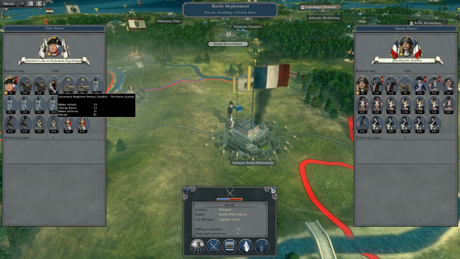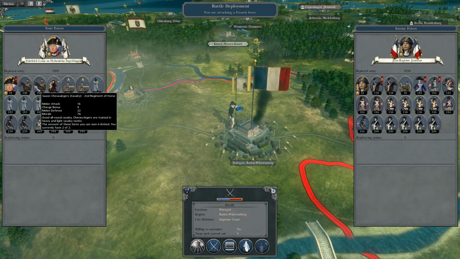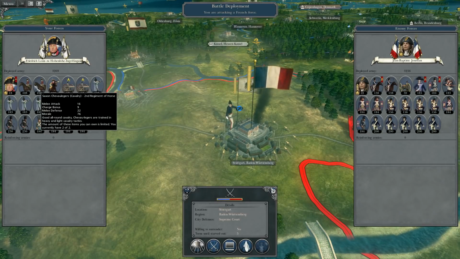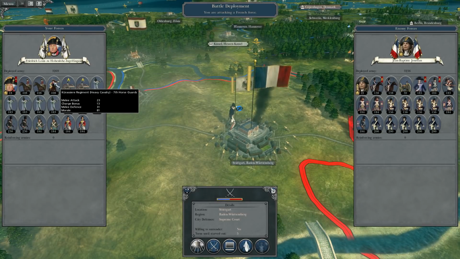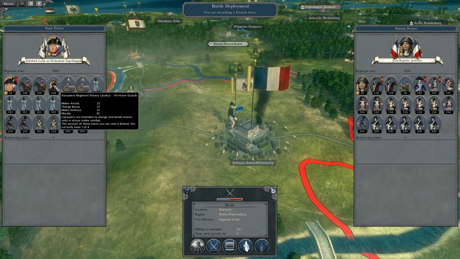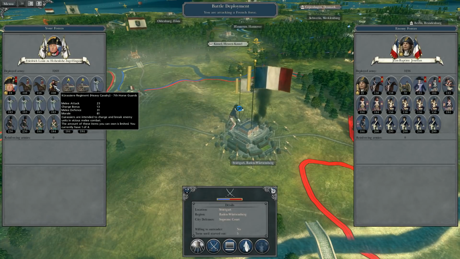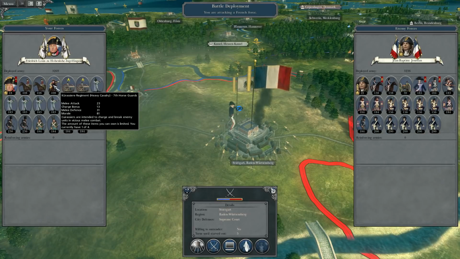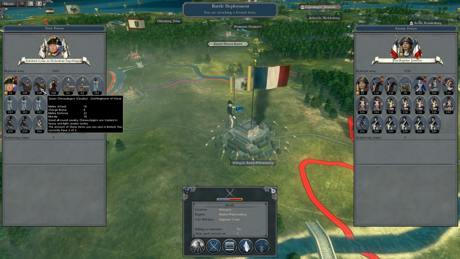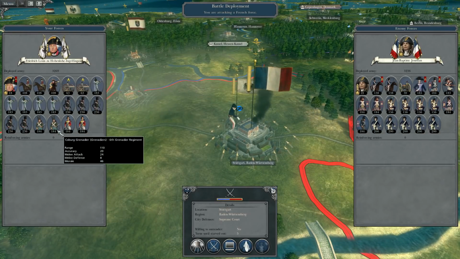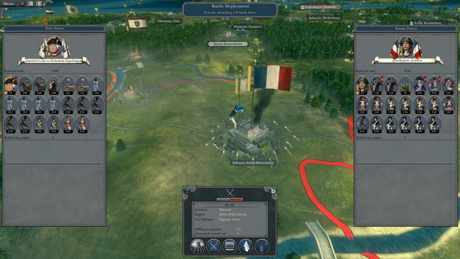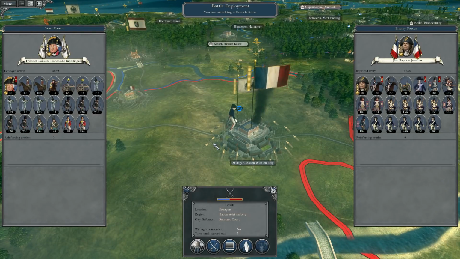Also, I do think I have a cavalry advantage with all my heavy cavalry compared to the enemy. It's kind of a shame that the Saxons don't actually have any light cavalry. So we'll be concentrated on heavy cavalry. But there we have it. So without further ado, let's go ahead and have this fight.